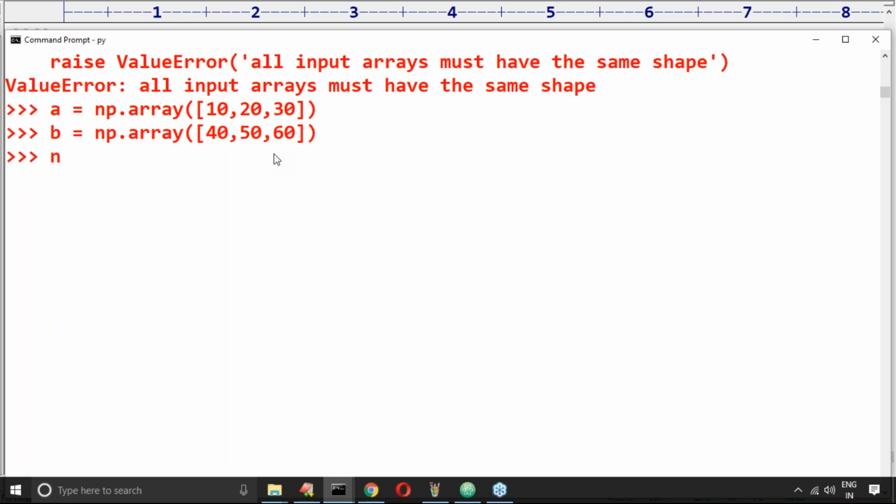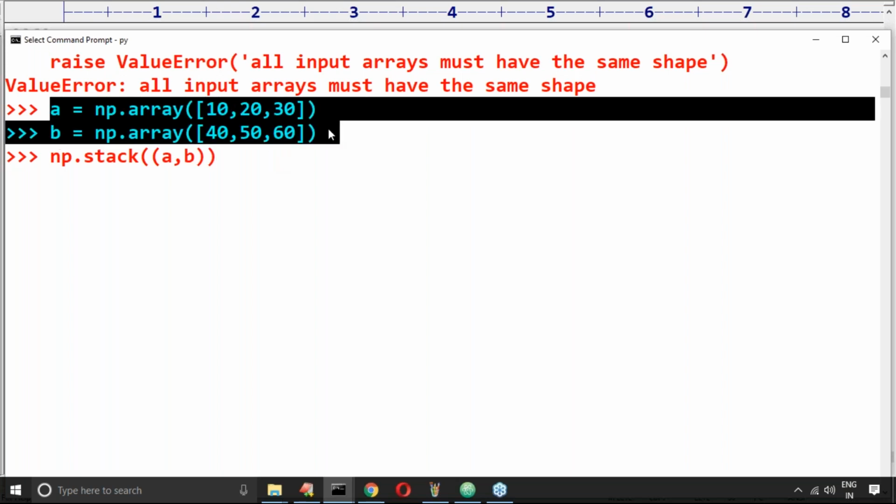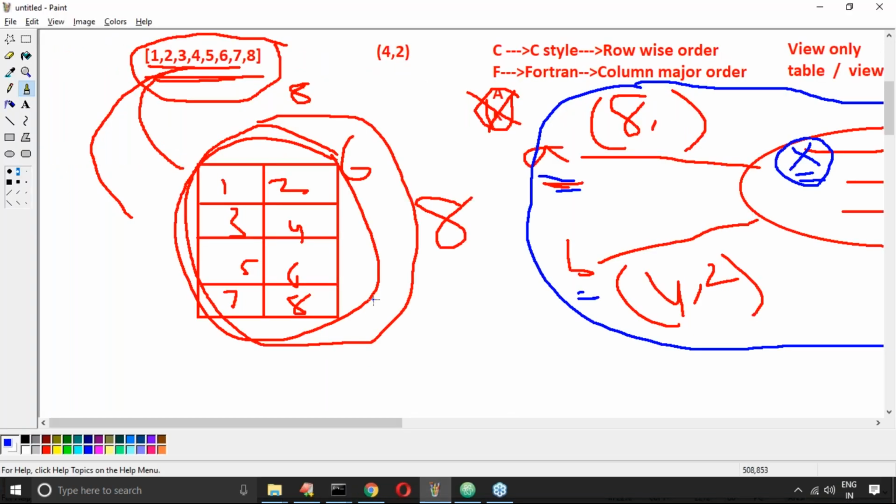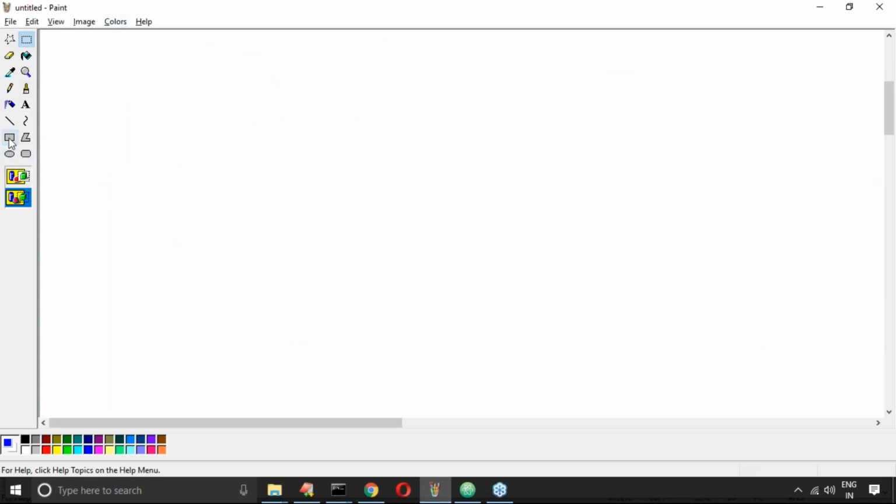Now my question is, np dot stack of a comma b. Listen very carefully. How many arrays are there? The first array is 10, 20, 30.